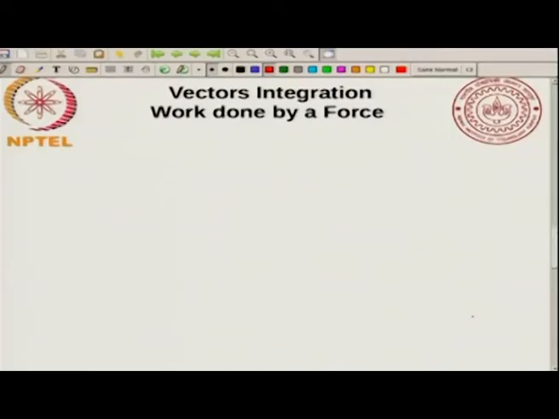Suppose you have a force F. F is a vector field. It is a function of x, y, z. Due to this force, you displace a particle. You imagine that you have a particle that is moved by this force. Then what is the work done?